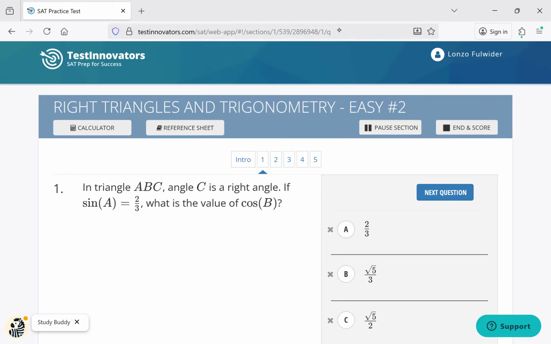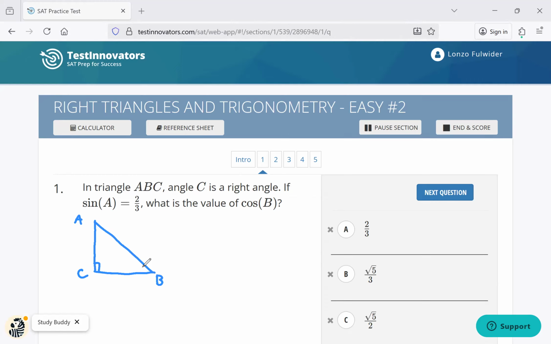Okay, so let me just do this one. In triangle ABC, C is a right angle, so here's C. Triangle ABC.